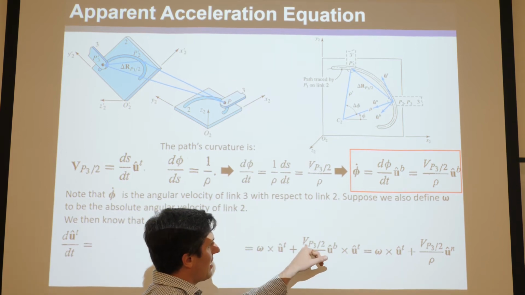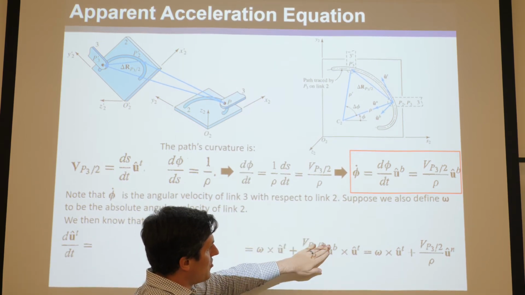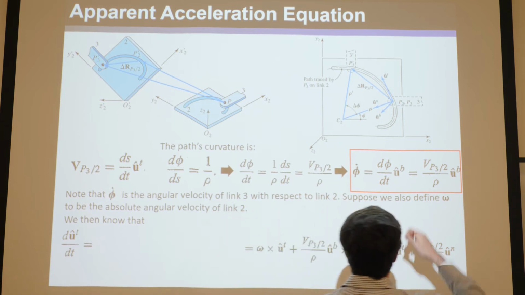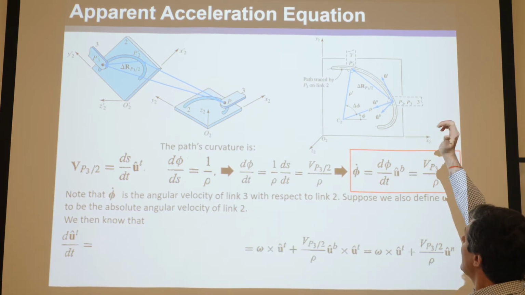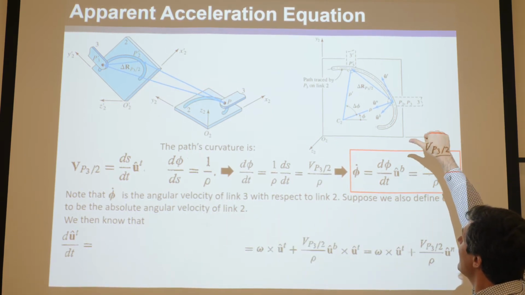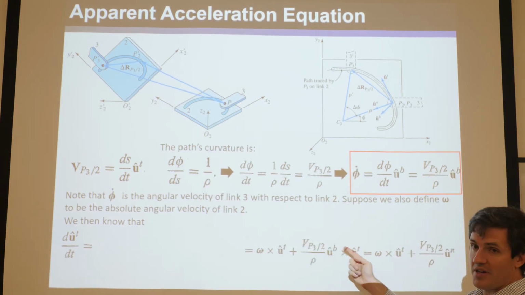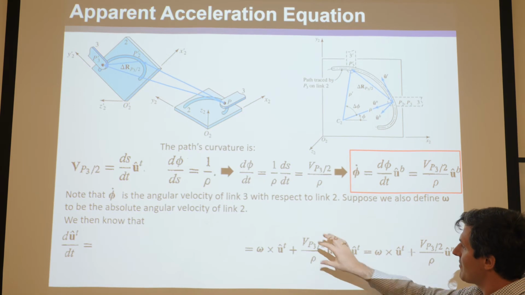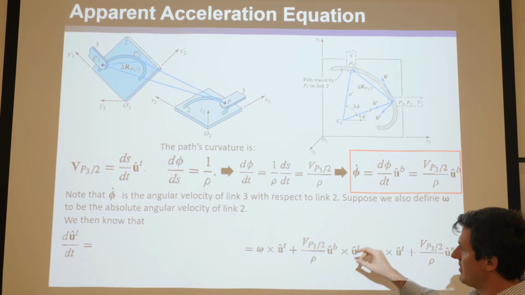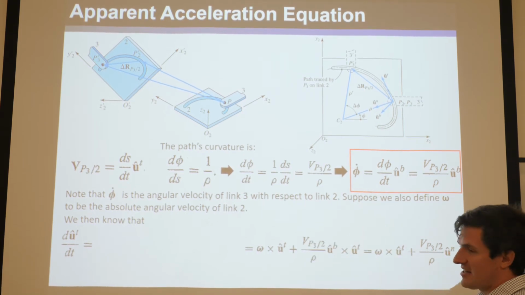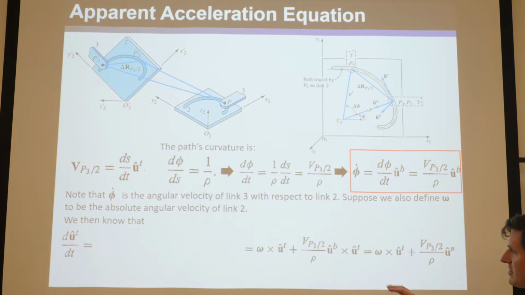What do you think some magnitude UB cross UT is? Remember, UB is coming out at you. If you cross it with UT, you're basically going to get the magnitude of this, and these, by the way, are perpendicular. So taking the magnitude of this times the magnitude of this, which is 1, times sine of 90 degrees, it's just the magnitude of this.